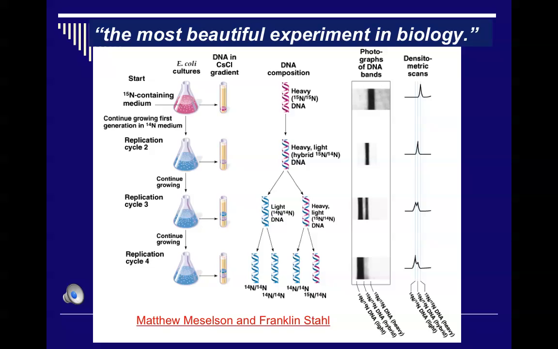And sure enough, that's what Matthew Meselson and Franklin Stahl, who performed this experiment, found out. Every time the DNA was allowed to undergo another growth cycle, and then the DNA was extracted and separated in agarose and then photographed, we found that there was more and more of the N14, and then we still had that hybrid N15, N14 DNA, half old and half new, that was still present, just as we'd seen in that second replication cycle.